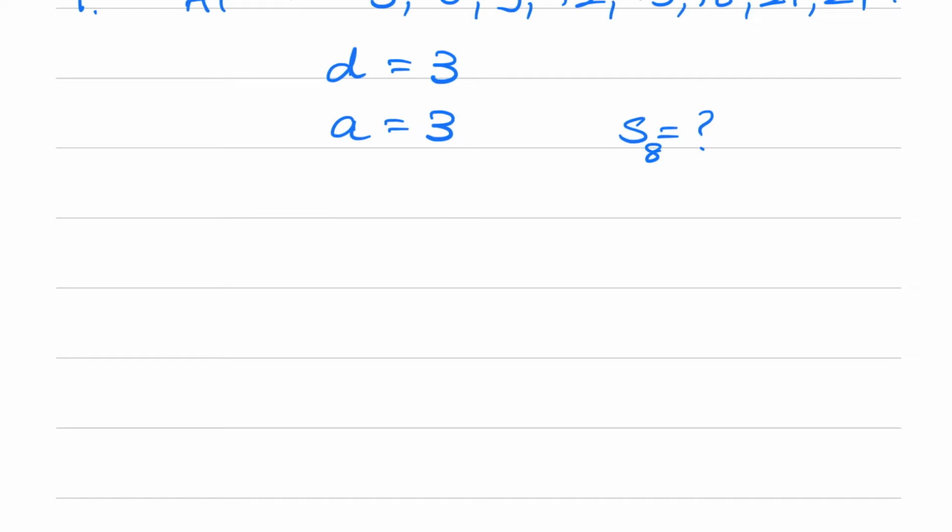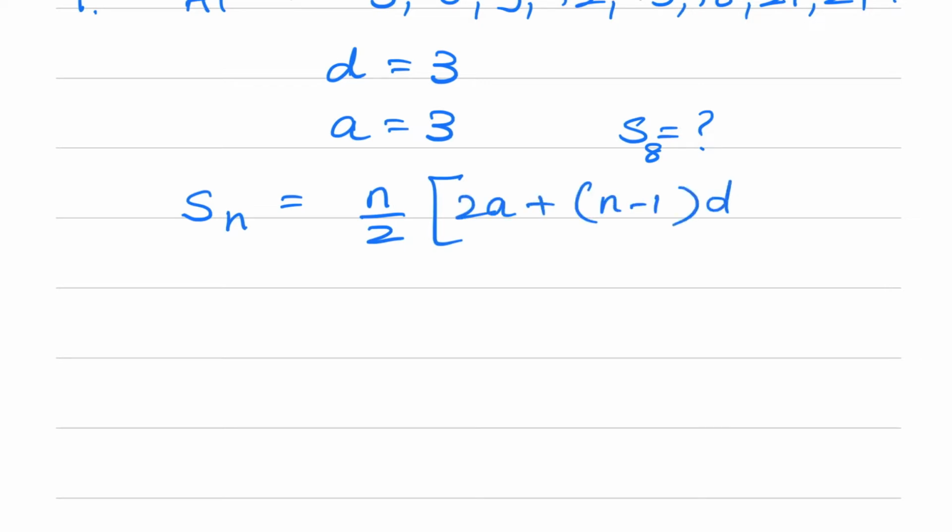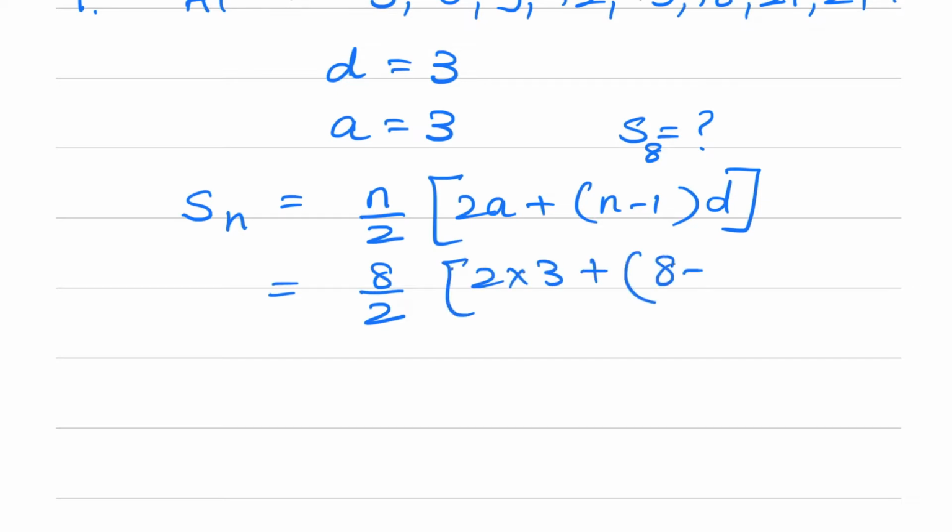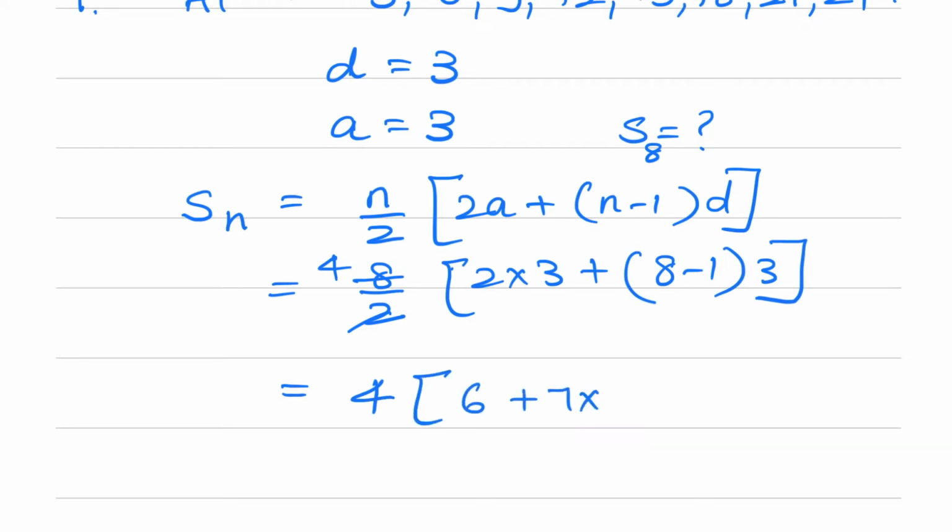So sum of n terms is equal to n by 2 times 2a plus n minus 1 into d. Let's substitute all the values. So n here is 8, so 8 by 2 into 2 into 3 plus 8 minus 1 into 3. 2 fours are 8, so this is equal to 4 into 6 plus 7 into 3.